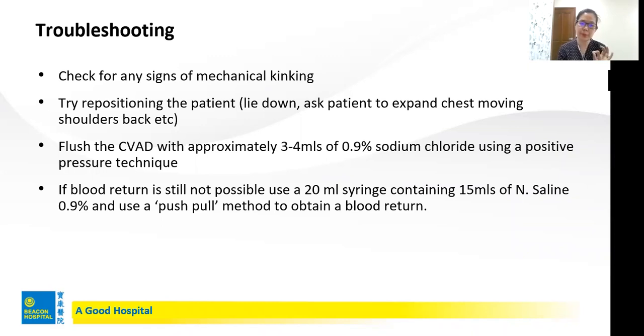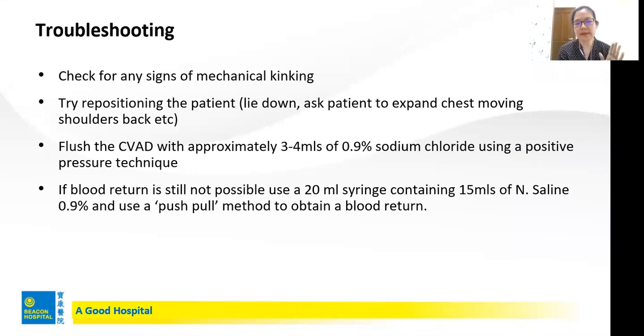Push a bit, pull back. Push a bit, pull back. So try to push the saline and pull, apply pressure, suction, and hope this will release the occlusion. And at the end, when you pull, yeah, you see a good blood return, then you successfully unclog the little blockage there.